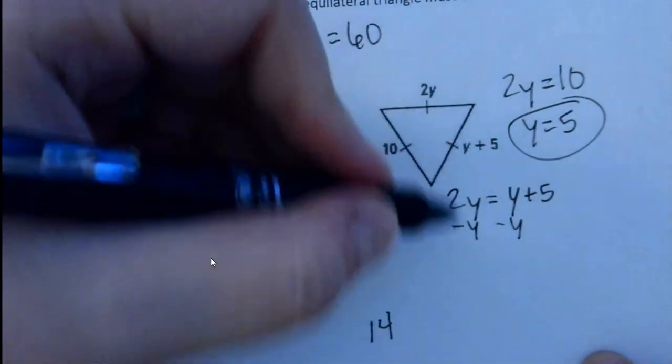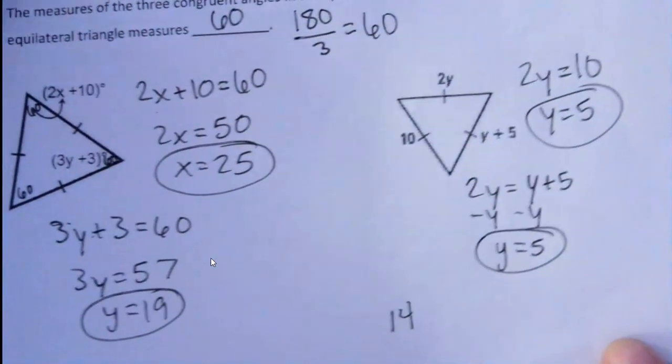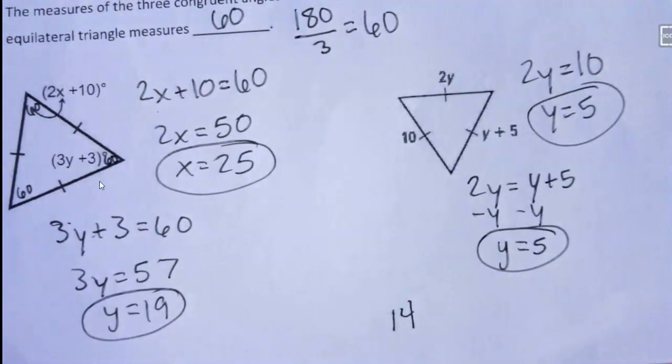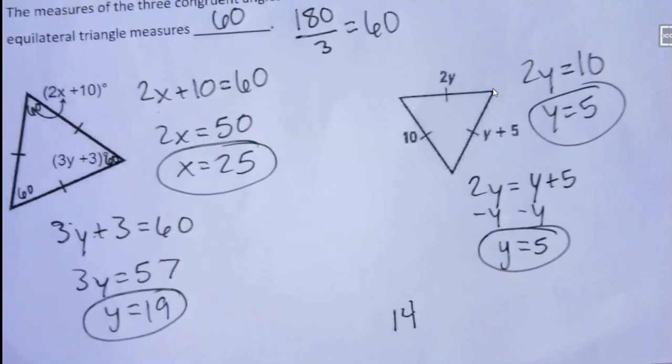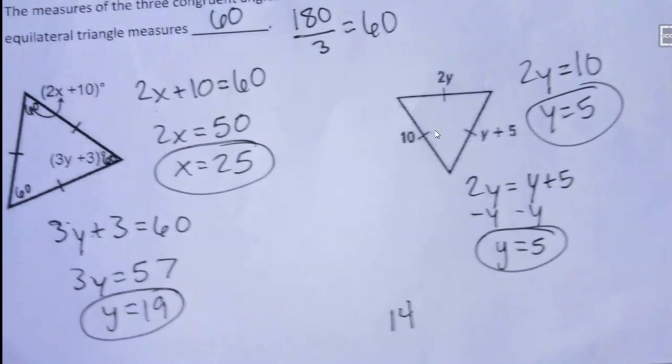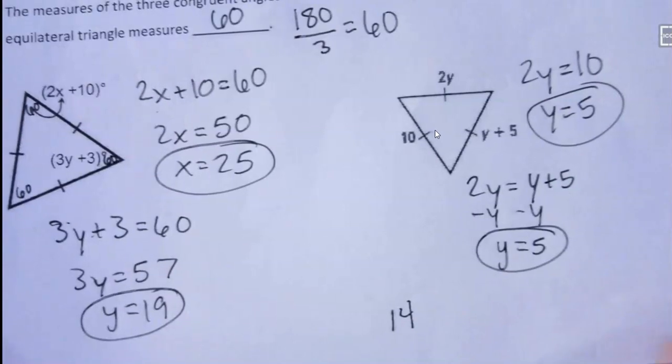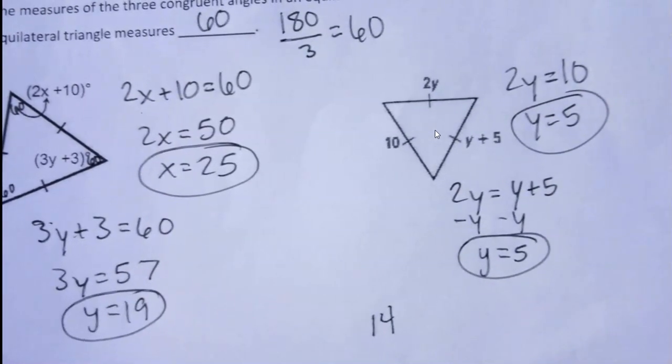They're all the same, so you should be able to set those equal to each other. So you subtract y on both sides. 2 minus 1 is 1. Y is going to equal 5. No matter what you do, y will equal 5, because it's the same variable, and no matter what you set equal to each other, they're all going to solve to equal the same thing.